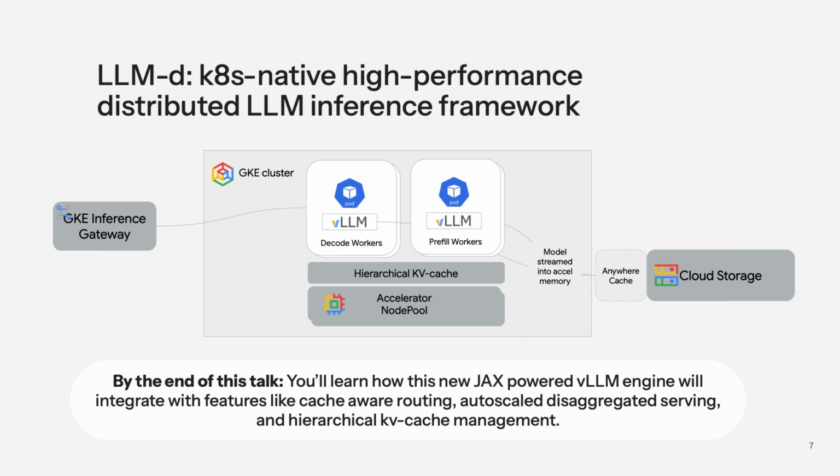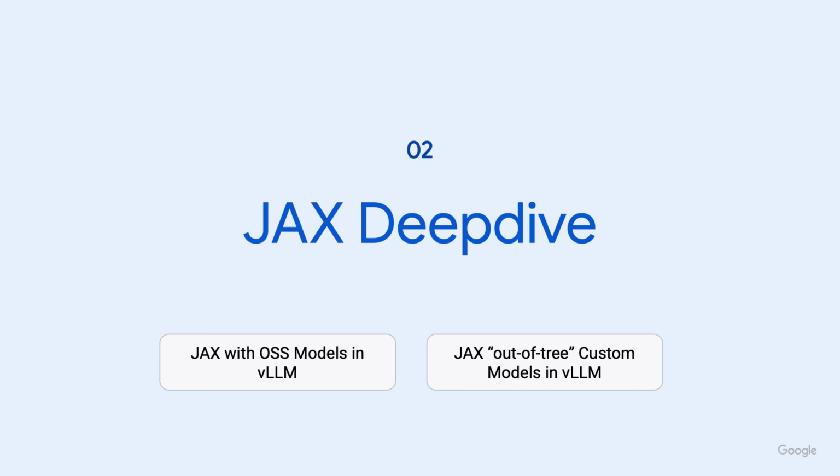If we just focus on the server, serving these very complex applications with large language models requires additional orchestration tooling to handle things like smart routing, KV cache offloading, hierarchical KV cache, and scaling disaggregated serving nodes in a disaggregated way. So you'll also hear about that. So I'm going to hand it over to Pengchong, who's going to go over the JAX deep dive.